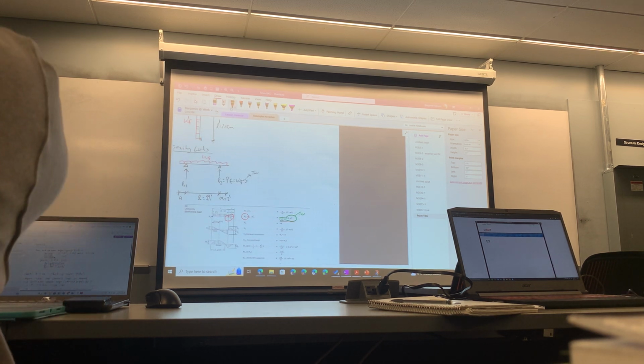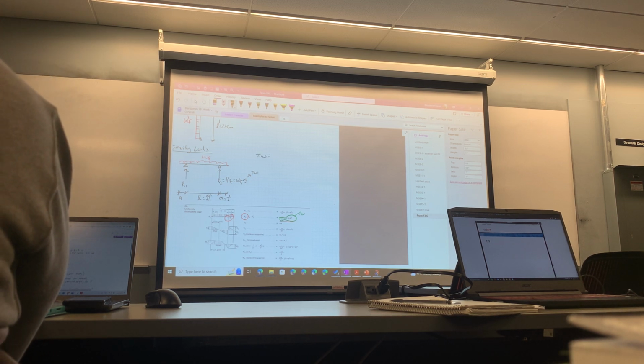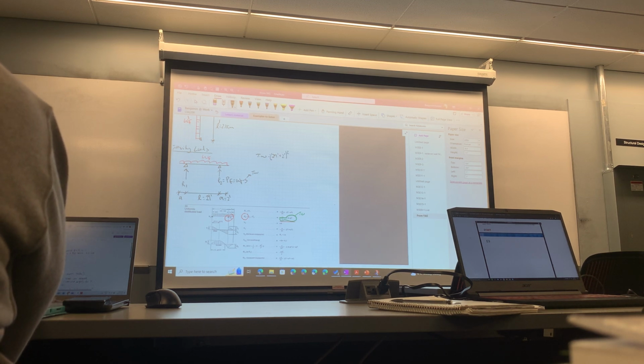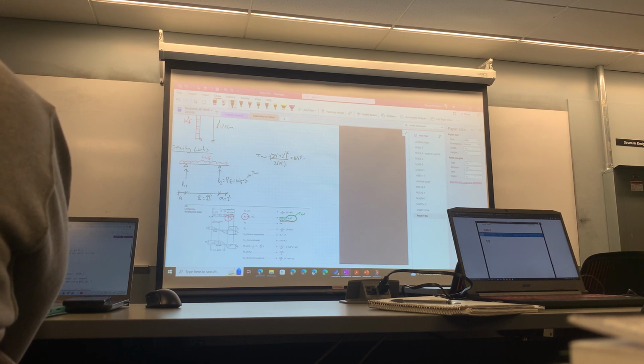Okay, so triplet is equal to (29 feet plus 2 feet) squared over 2 times 29 feet, equals 16.57 feet, 5.05 meters.